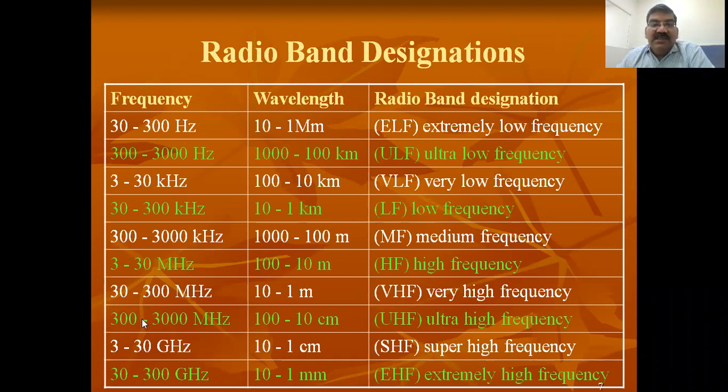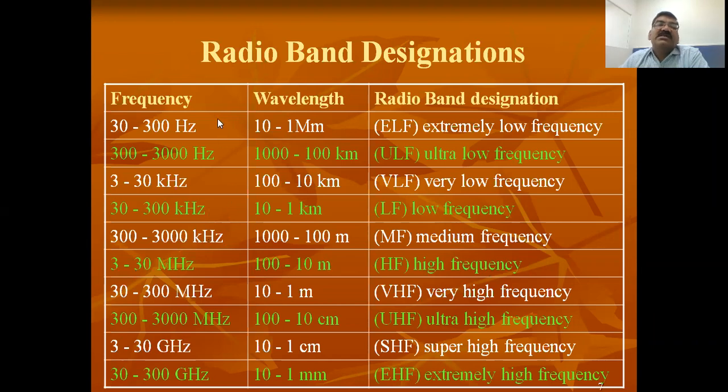Ultra high frequency, this frequency we do use. Very high frequency also has applications like FM radio. From here generally the antenna starts working. In the kilohertz range, the old applications were there, and some are in this range.